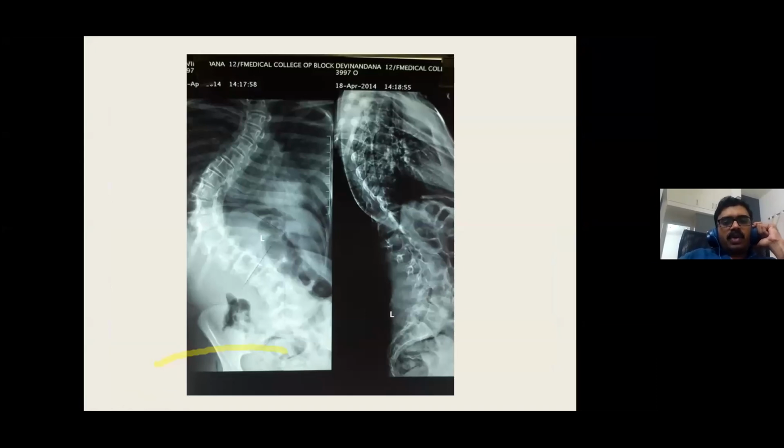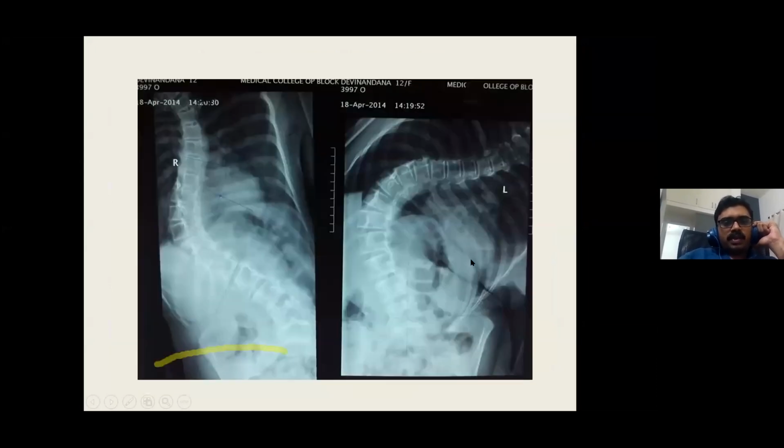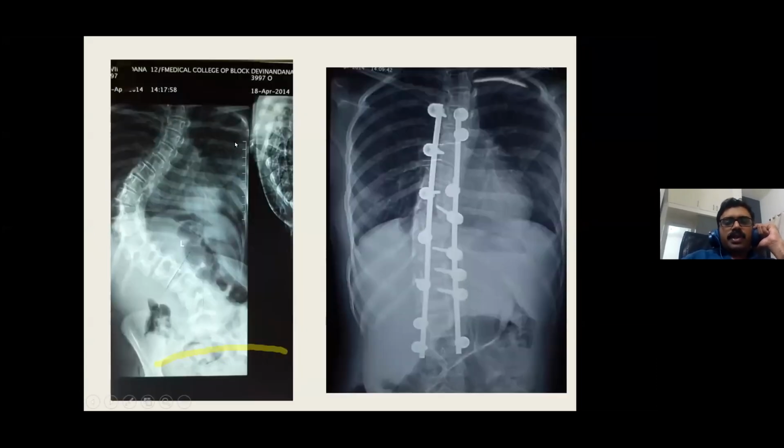So to share another case, this is more than 80 degrees of rigid scoliosis. You can see the deformity in the bending films. This is a 12-year-old child. Now, with the sequential Ponte osteotomy, you can see that the number of screws that we are putting on this frame, in this case, is much less.